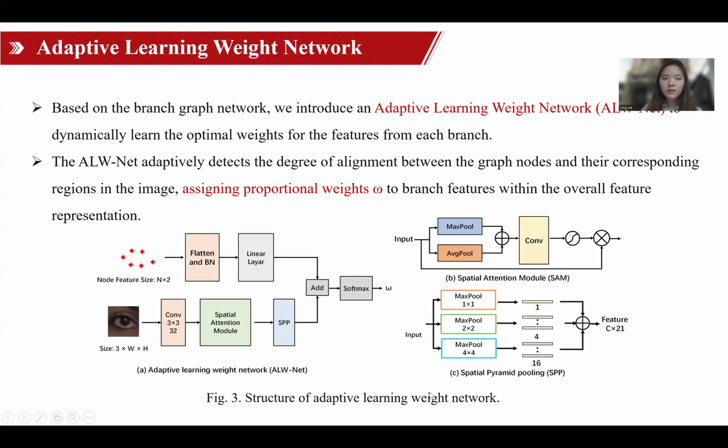This enhances unobstructed facial features and reduces the impact of occluded regions on overall features, improving detection accuracy. The proposed ALWNet adaptively detects the degree of alignment between the graph nodes and their corresponding regions in the image, assigning proportional weights omega to branch features within the overall feature representation.